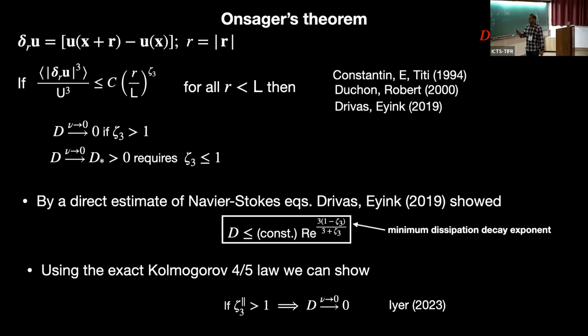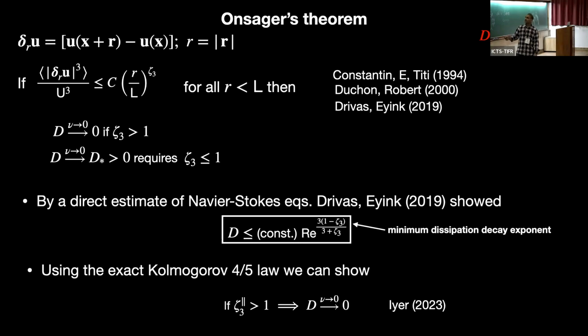And Onsager's theorem was proved by Constantin, E, and Titi. What they did is they considered velocity difference magnitudes. They considered the third order moment, and they assumed these power law bounds with these scaling exponents zeta 3. If these bounds are satisfied for all scales less than the characteristic length scale of the system, then they showed rigorously that this normalized dissipation will go to 0 as viscosity goes to 0 if this exponent zeta 3 is greater than 1.